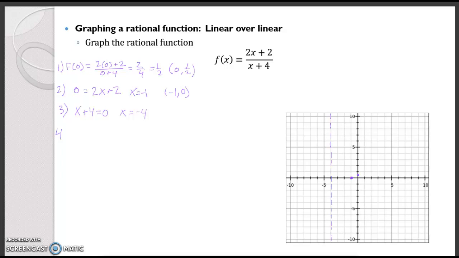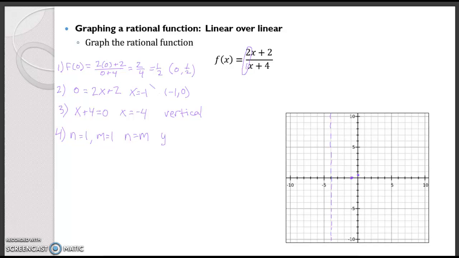Now, my horizontal asymptote, well, I need to look at the degree of the top, which is 1, the degree of the bottom, which is also 1, so that means my degrees are equal. Now, in my asymptote videos, I talk about what this means, but what we do is we take 2 divided by 1 as our horizontal asymptote.